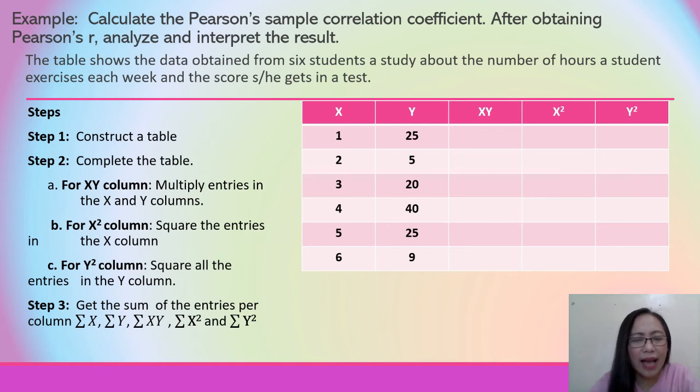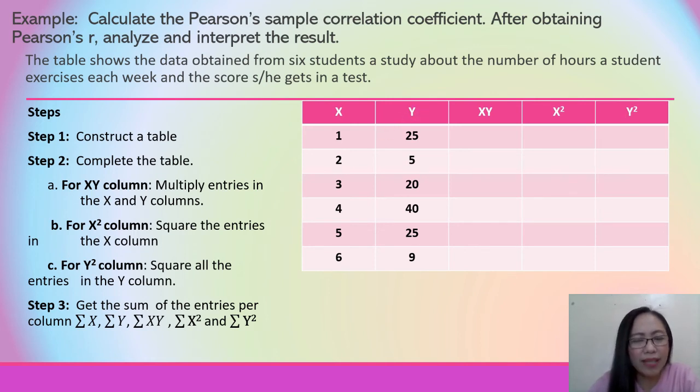It has X and Y columns. So we copied the values here for X and Y. And then we have a column for XY, which is the product of X and Y, X squared, the square of the X values here, and Y squared, which is the square of the Y values.